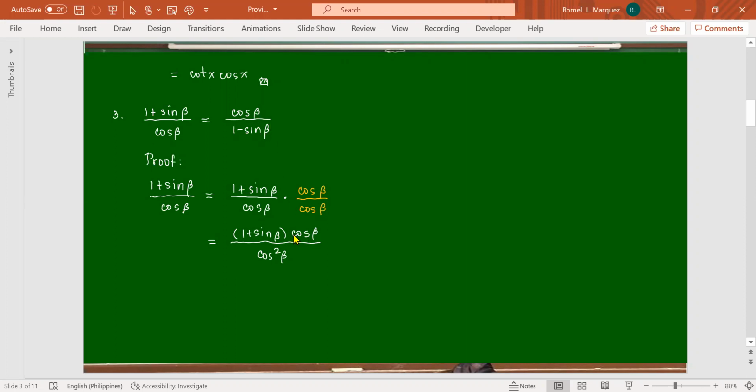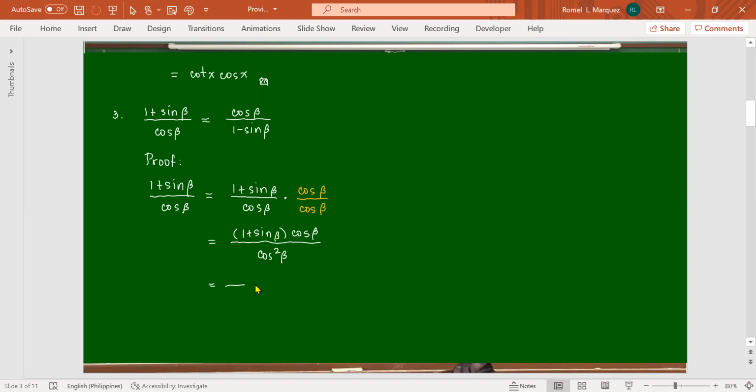We have already cosine beta in the numerator, so we have to retain this. So this is what we're going to work with: 1 plus sine beta, all over cosine squared beta. So let's see what we can do here. There is an identity for cosine squared beta in terms of sine, no?